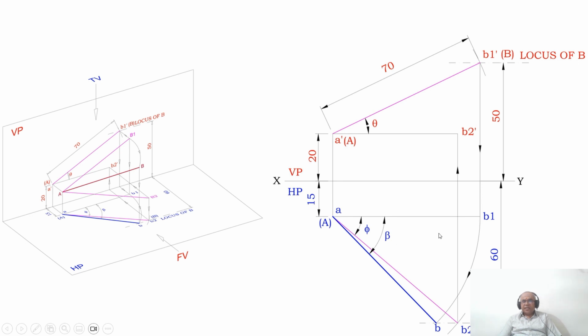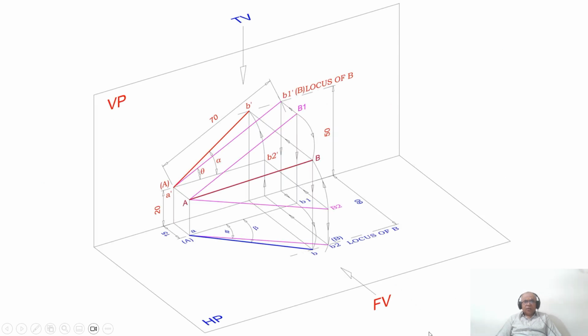Then, with A as center, taking the radius of AB1, you draw an arc such that it cuts the locus of B in the top view, and you mark this point as B. So this is how you will be able to find the top view length and also the corresponding inclination with respect to VP, which is beta. Then join AB with a dotted line.